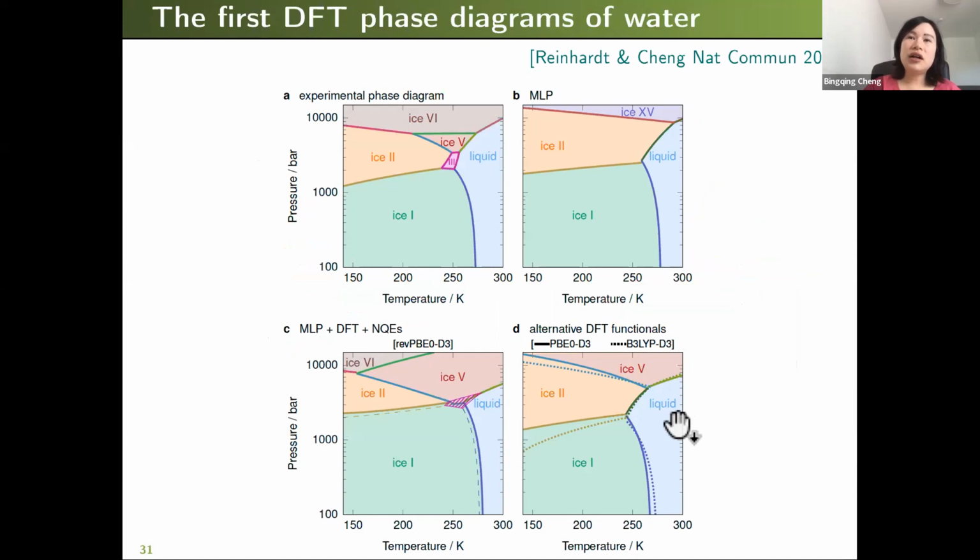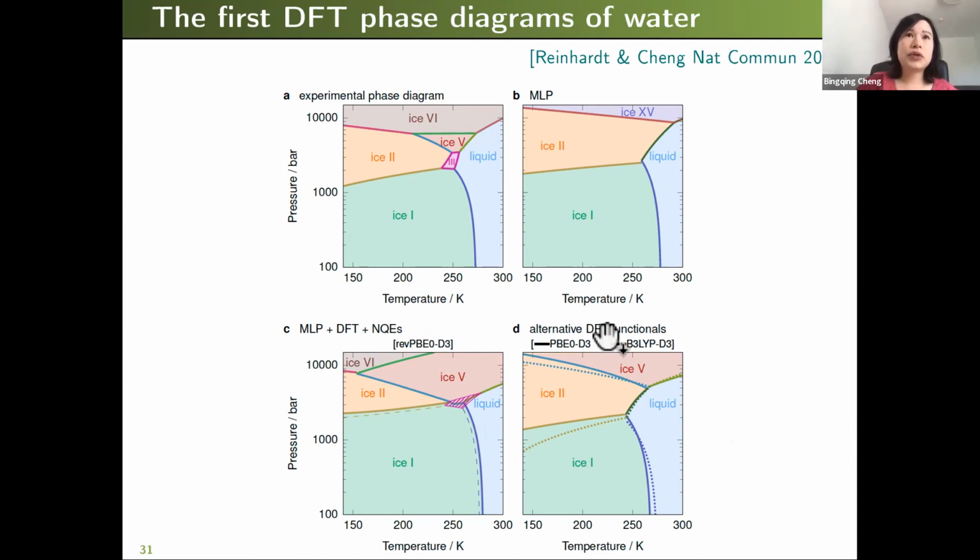So here we are. This is the first ever phase diagram of water based on the DFT level of theory. Here I'm showing you the phase diagram of water based on this hybrid functional revPBE0-D3, and also using alternative functionals, namely PBE0-D3 and B3LYP-D3. We can see at these hybrid levels, we are very close to the experimental phase diagram, particularly for the lower pressure part.